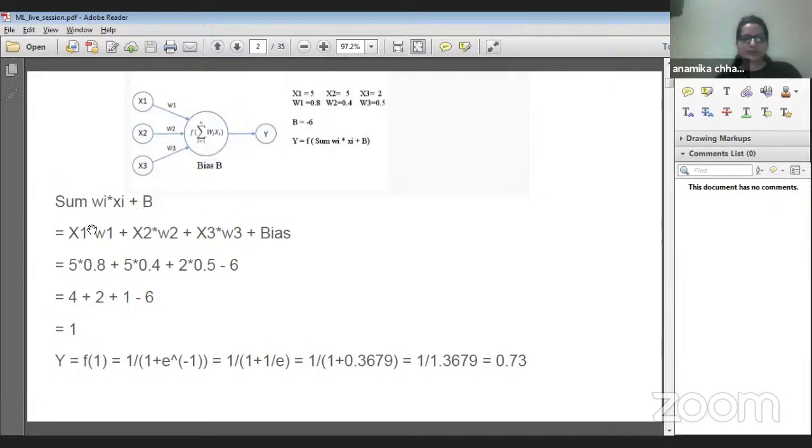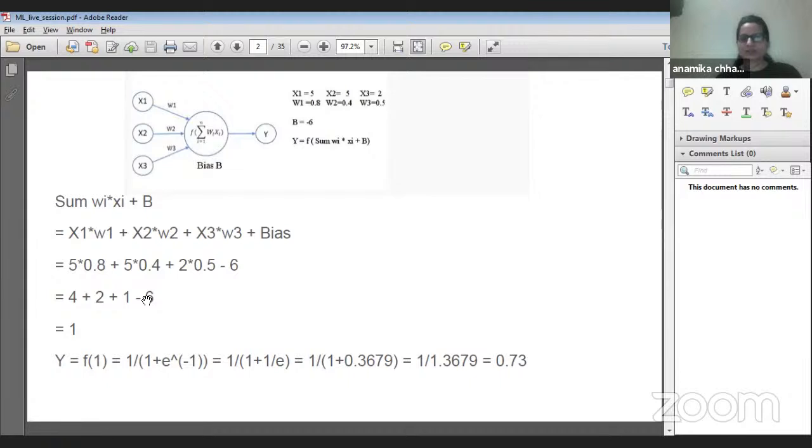What we are going to do here is first compute the weighted sum: x1 into w1 plus x2 into w2 plus x3 into w3. Apart from that, we also have a bias b, which is given to us to be minus 6. So we compute the weighted sum, and the bias is also added. We get 1 over here, right?